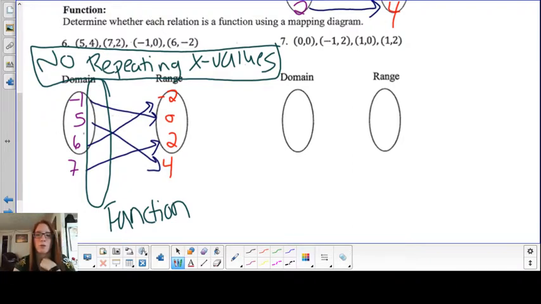Okay, let's try this next one. So I have 0, -1, 1, and 1. So I have -1, 0, and 1. I have 0, 2, 0, 2.